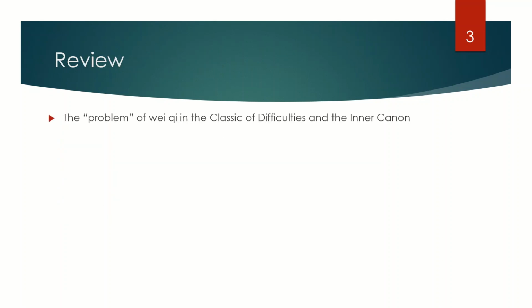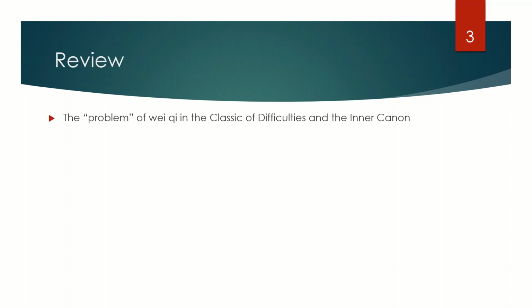So the last lecture was somewhat related to this lecture. I started out by just talking about some of the issues that come with researching the Qiao vessels, and I highlighted some of the inconsistencies between different texts, which is one of the big problems with researching the Qiao vessels.